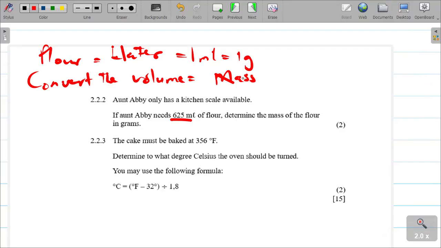In order for us to convert the volume to mass, we are given 625 milliliters.